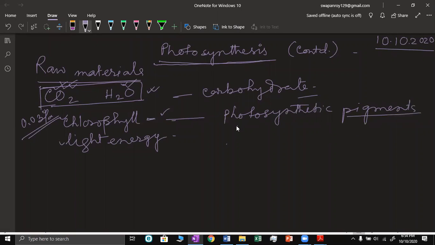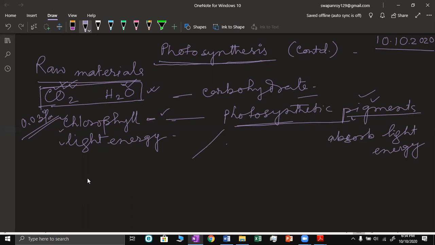These pigments are substances, chemical compounds, which can absorb light energy. The photosynthetic pigments are not only chlorophyll. There are other types of pigments.